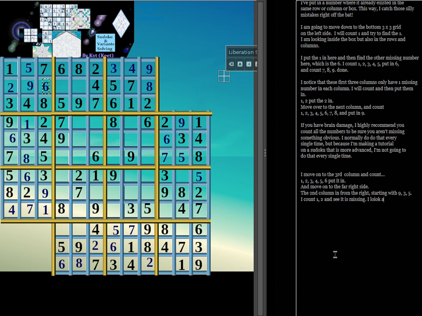I look across at each row. No 2 in this row.